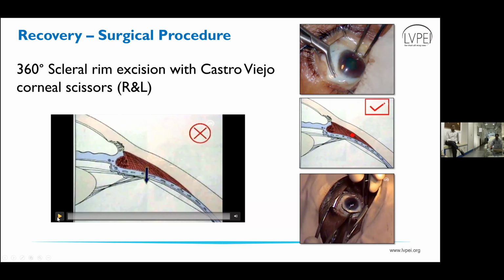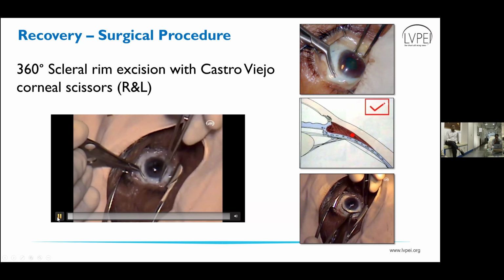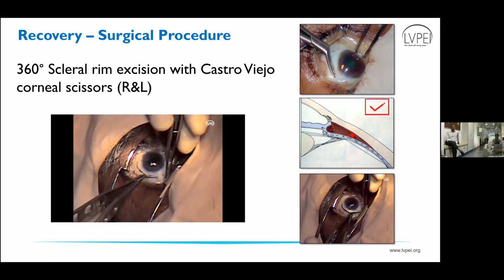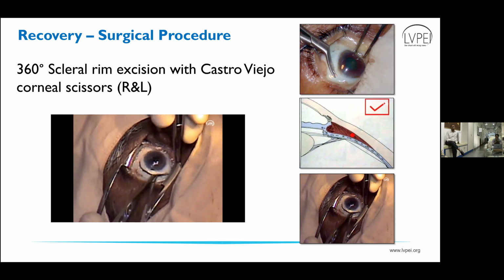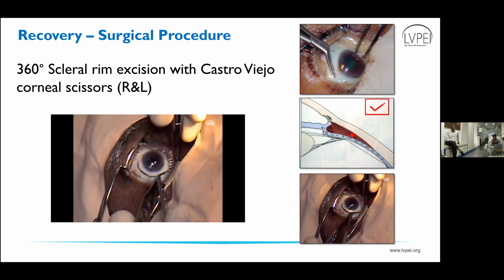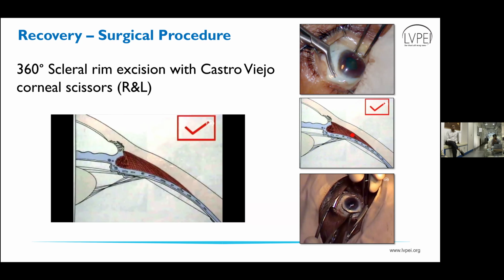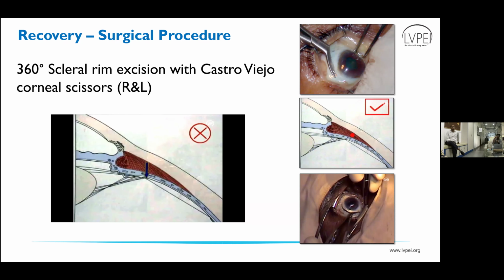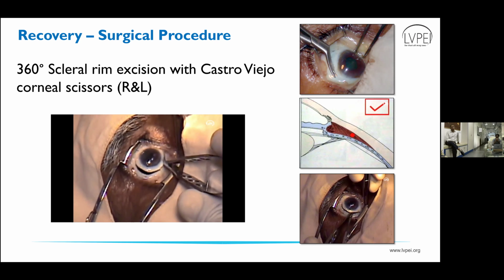While excising the cornea, make sure that you are entering only the suprachoroidal space, not puncturing the choroid. See the three images I have given there. In the middle image, I have put a red dot. Your scissor should be in that position only. You should not enter inside the eye. That is the reason I always ask you to keep the scissors upward and parallel to the incision.